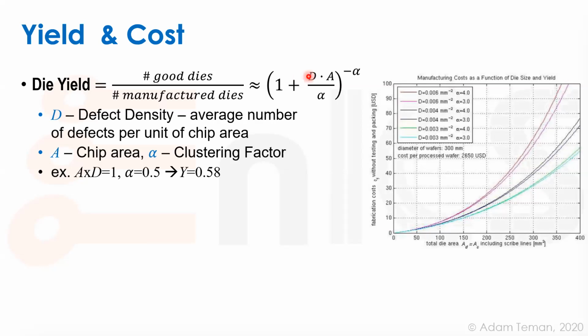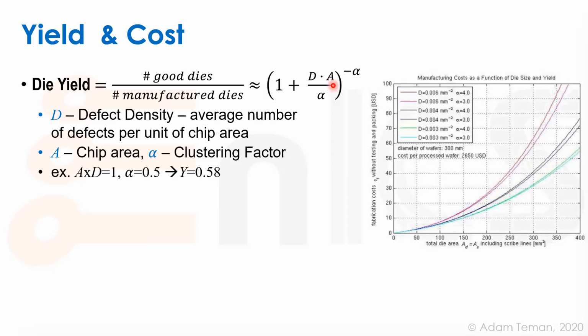That's the average number of defects per unit area. That's kind of a parameter of the process, and it's kind of a constant. Maybe it goes up as we go to more scaled technologies with more complicated process steps, but it's kind of a constant.